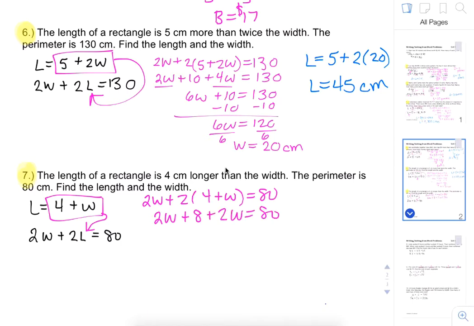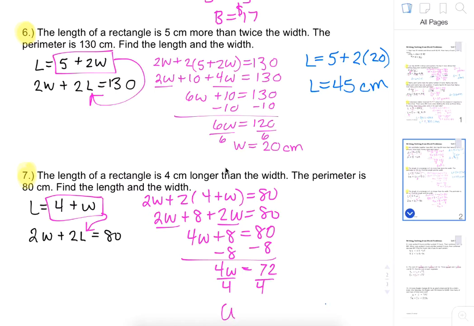Once we have that distributed, we can combine our like terms to make 4Ws. All right, we are now ready to go ahead and cancel off that 80. So if we subtract 80 from both sides, that gives us 72. And we're going to go ahead and divide it by 4, which gives us 18.